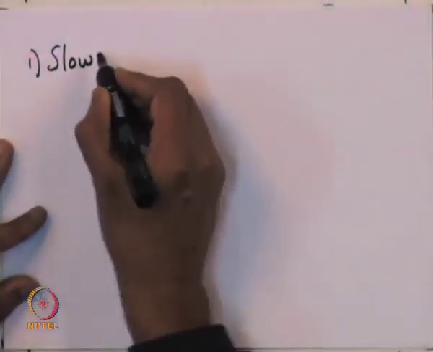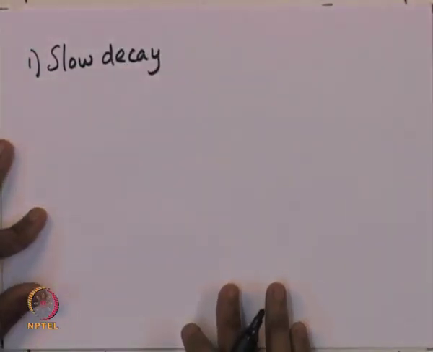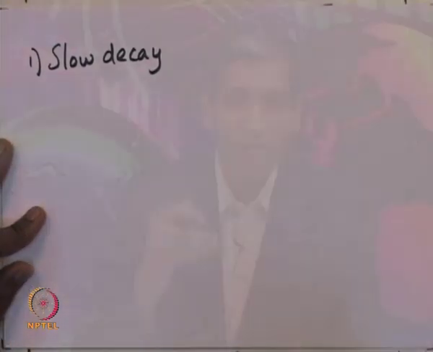desired conversion. So, suppose if the decay is very slow, so naturally the choice of the reactor and the necessary steps that one has to take depends upon the speed with which the catalyst gets deactivated.